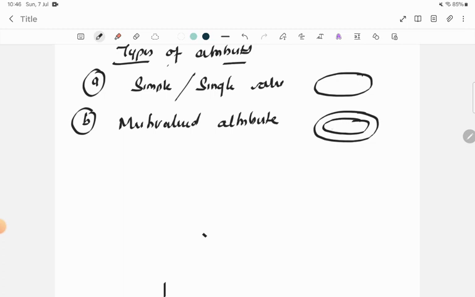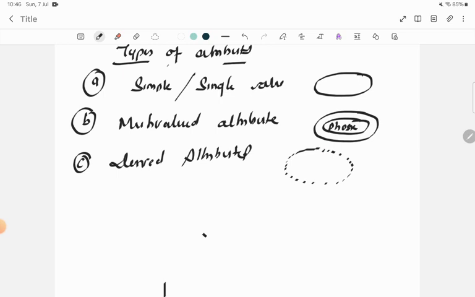For example, a phone number of a person can be considered a multi-valued attribute because a person can have more than one phone number. Next is the derived attribute, which is represented by a dashed oval.